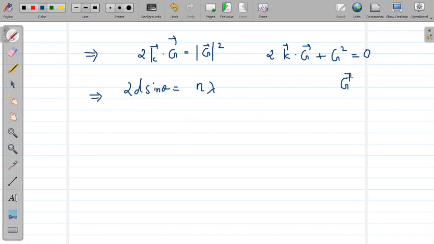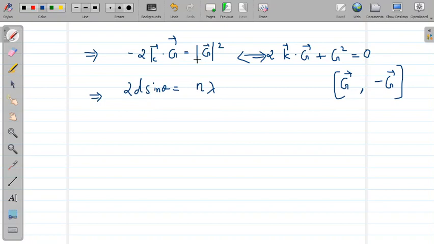If g bar is a reciprocal lattice vector, minus g bar is also a reciprocal lattice vector. So instead of g bar, you can choose minus g bar as well. And if this term gets a minus sign, you can move it to the right hand side. And this equation is equivalent to 2 into k bar dot g bar plus g square equal to 0, because in the reciprocal lattice, both g bar and minus g bar correspond to reciprocal lattice vectors.